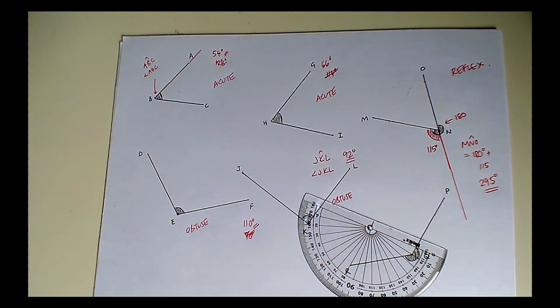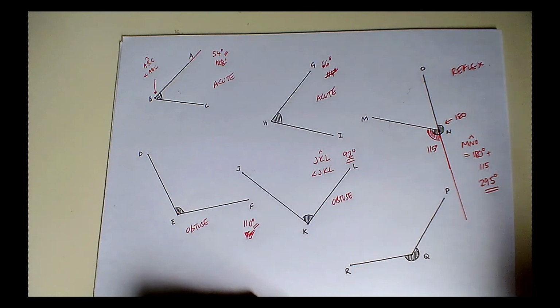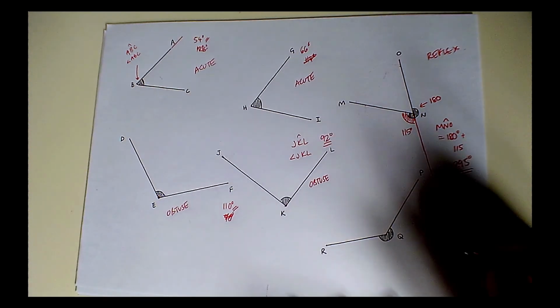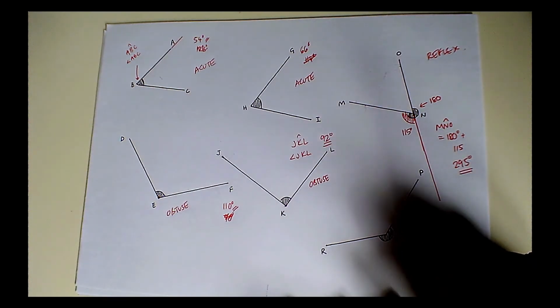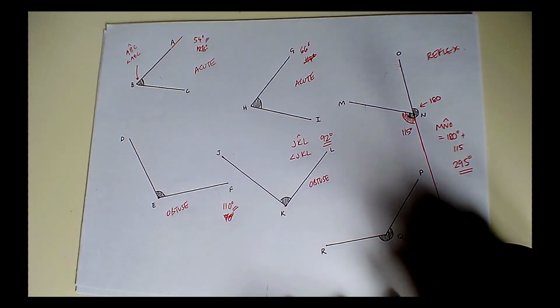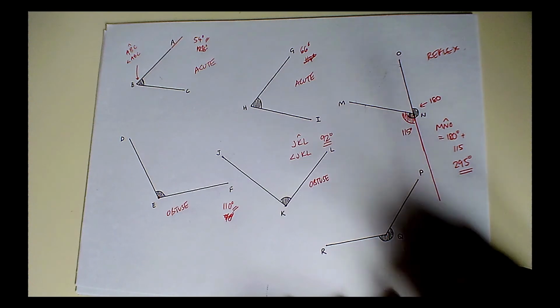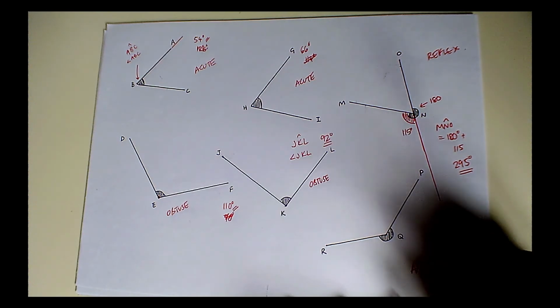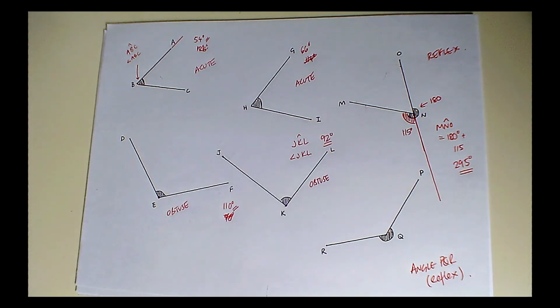Now, an alternative to doing that is to actually measure the angle that I don't want. So that's one way of doing it. Let me show you with the next example, angle PQR, and that is a reflex angle. From this, I could use a similar method to the previous question.